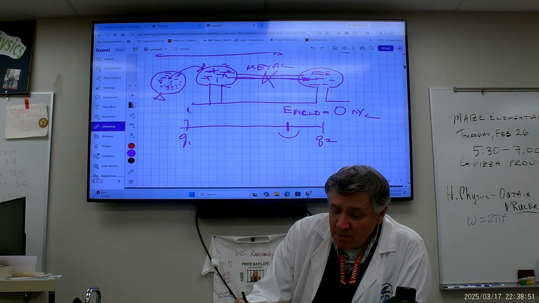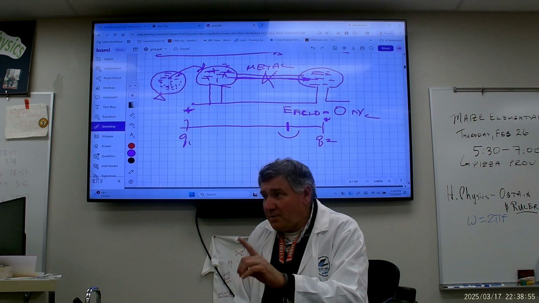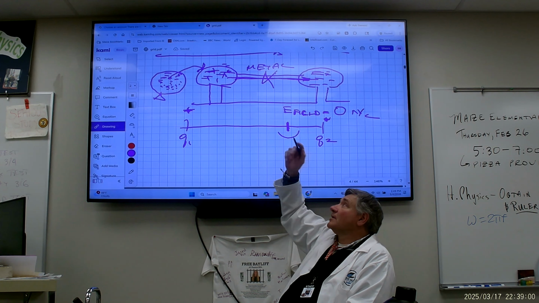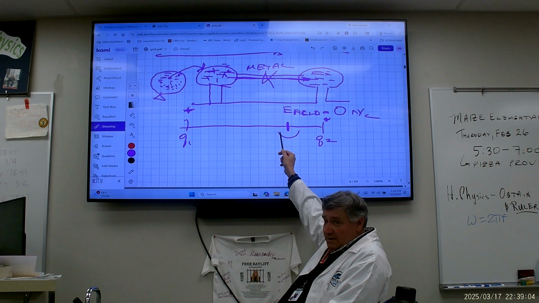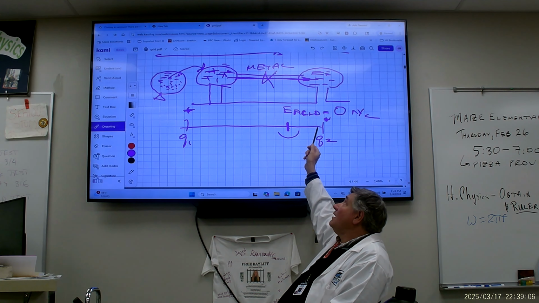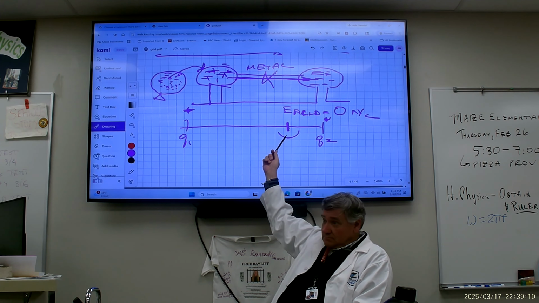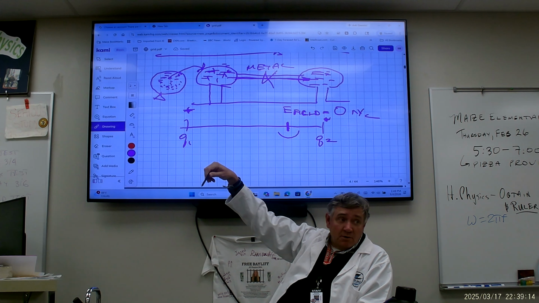So let's say that they're both positively charged. If both Q1 and Q2 are positively charged, that positive test charge right there would feel what? It would feel pushed by that one and pushed by Q1. If these were both negatively charged, what would it feel?